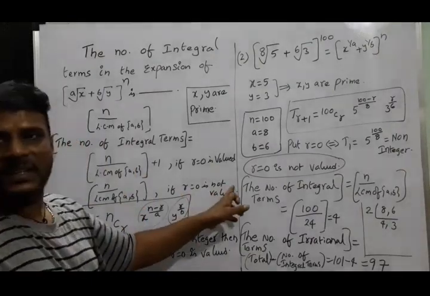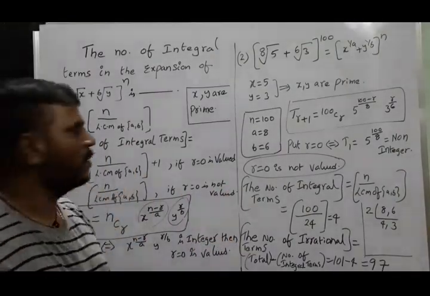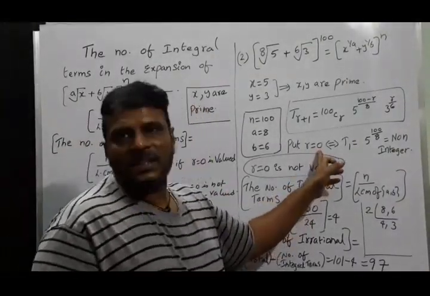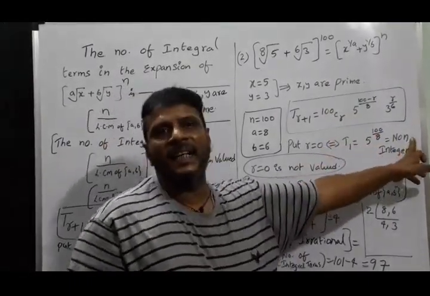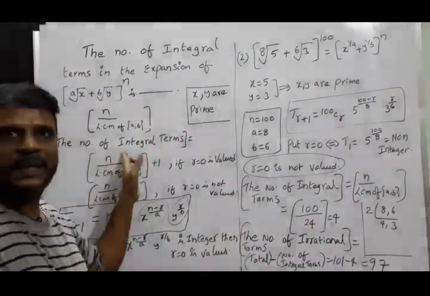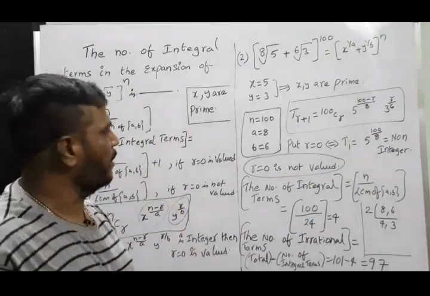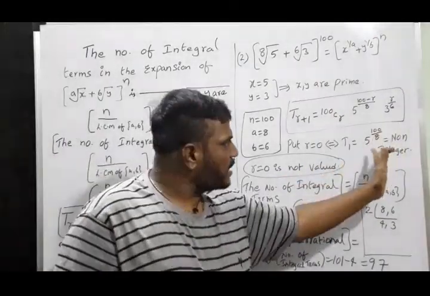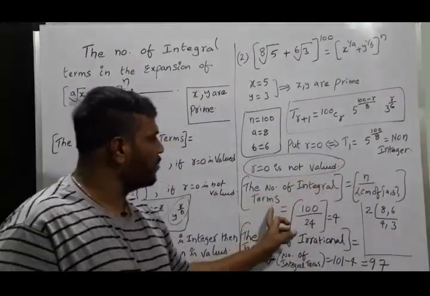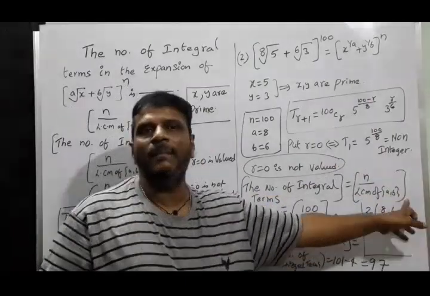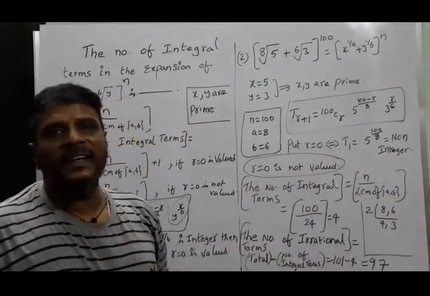If r is equal to 0 is not valid, step of this number. So substitute r is equal to 0 in the general term. If you get an integer, use the formula n by LCM of a comma b plus 1. If it is a non-integer, then r is equal to 0 is not valid. Then in that case you have to take n by LCM of a comma b. That is the number of integral terms.